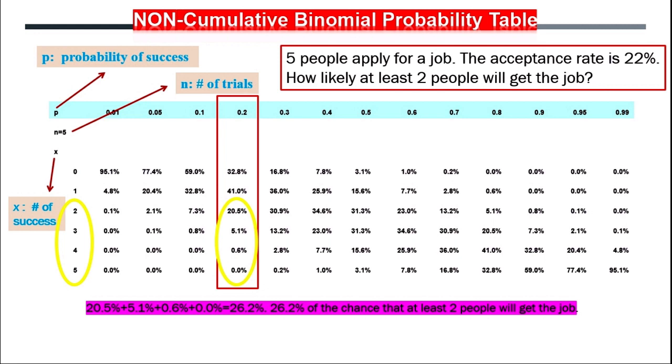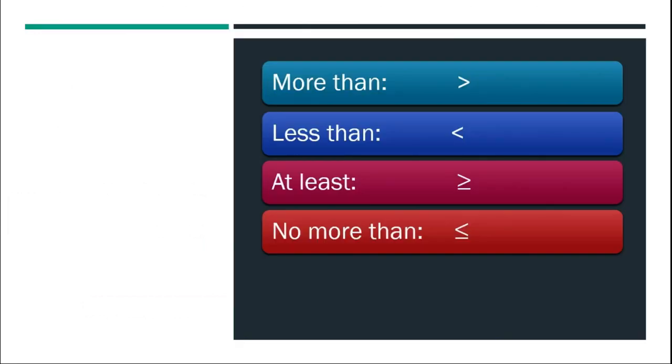There is a 26.2% chance that at least 2 people will get the job. In conclusion, when you use the non-cumulative binomial table, translate the question into mathematical form, and add the corresponding probabilities directly. Generally, more than and less than do not include that number. At least and no more than include that number.